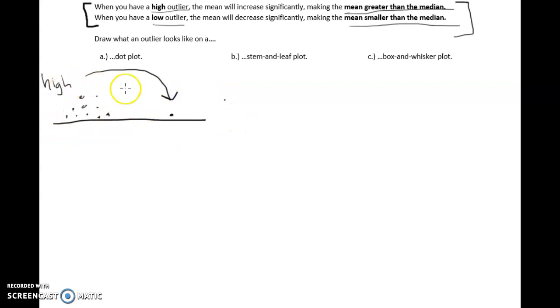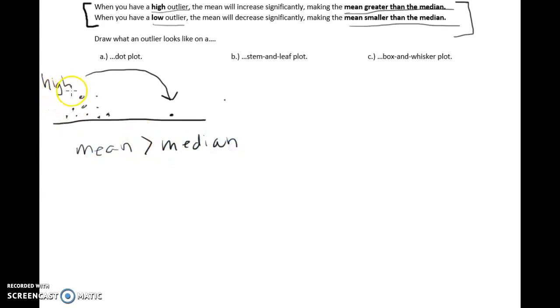So I have a dot plot where most of the data is here, and I have one data point that's over here. This one data point is going to drag the mean up. It's going to make it higher, but the median is barely going to change. So a high outlier means that the mean is going to be greater than the median.